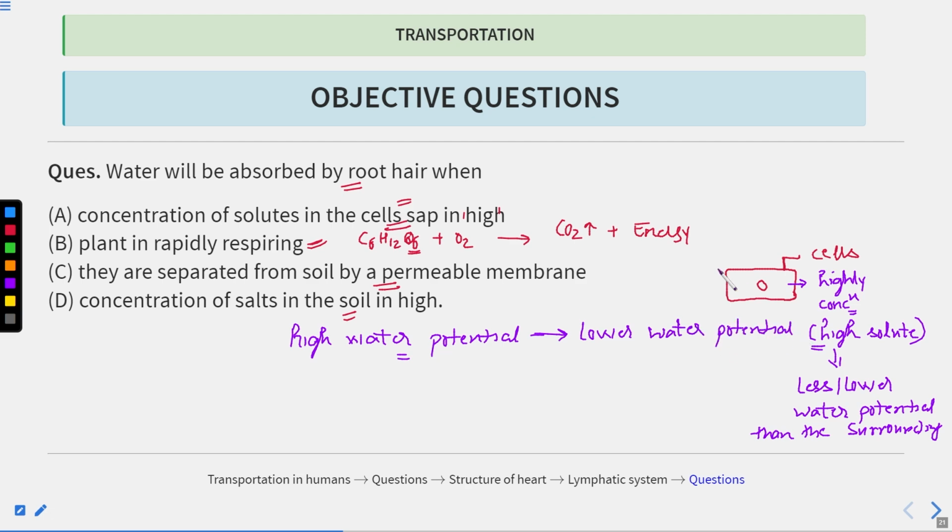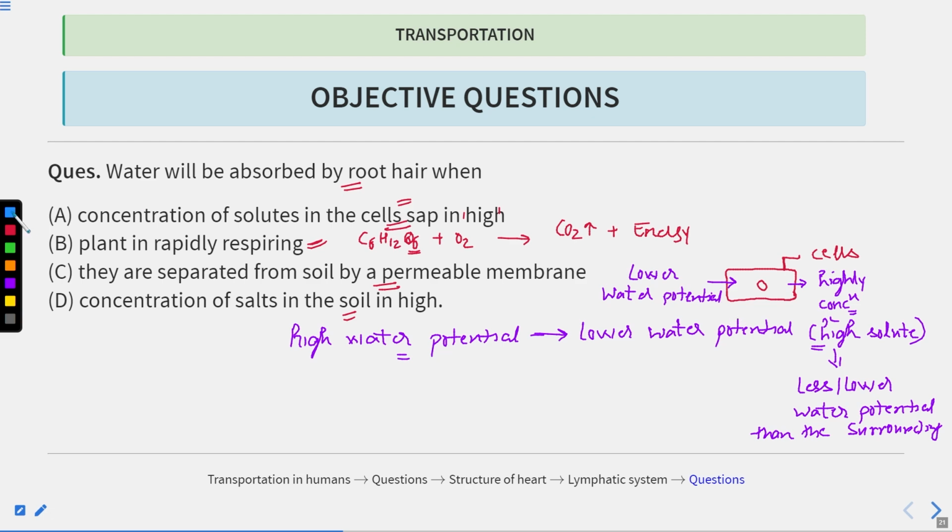So here you can see inside the cell, in the cell sap, due to the high concentration of solute, a lower water potential develops. Inside the cell you have lower water potential because of the presence of a high number of solute molecules. So if the solute concentration is high, then the water potential will be less.